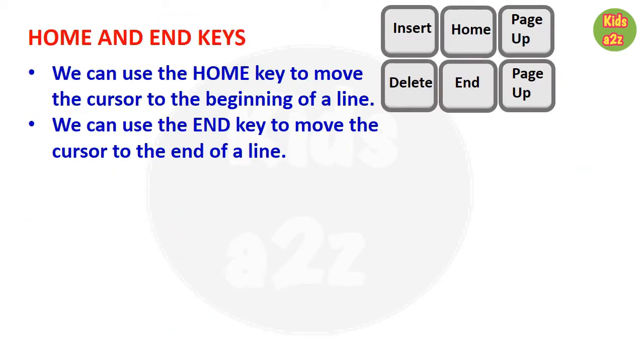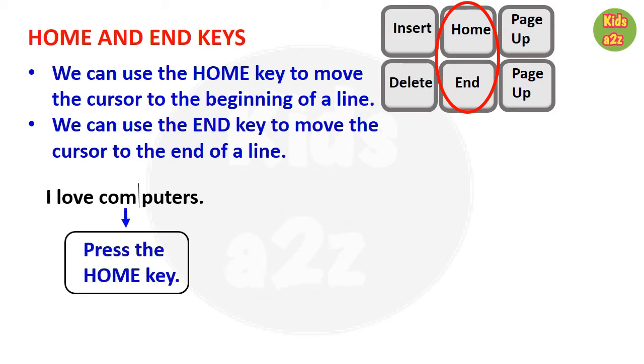Home and end keys. We can use the home key to move the cursor to the beginning of a line. See here in this example, the cursor is between M and P. Now, if we press the home key, then the cursor will move to the beginning of the line.